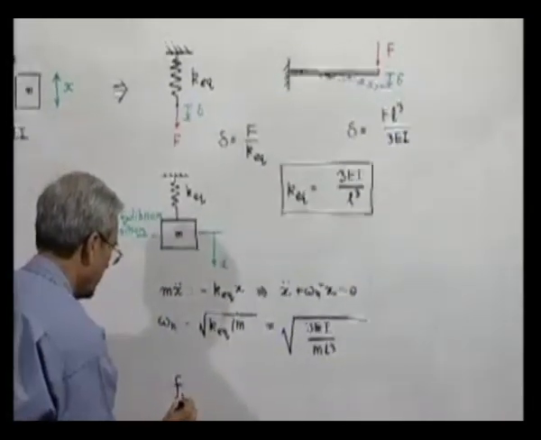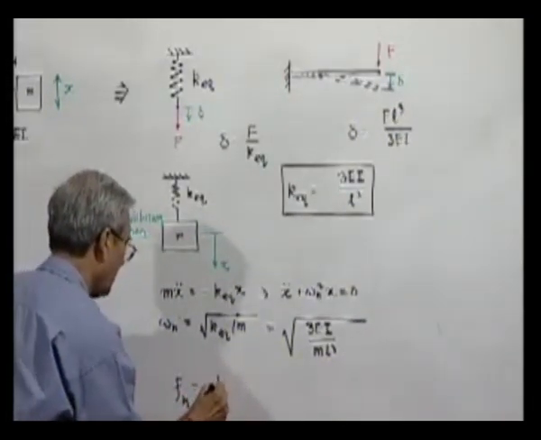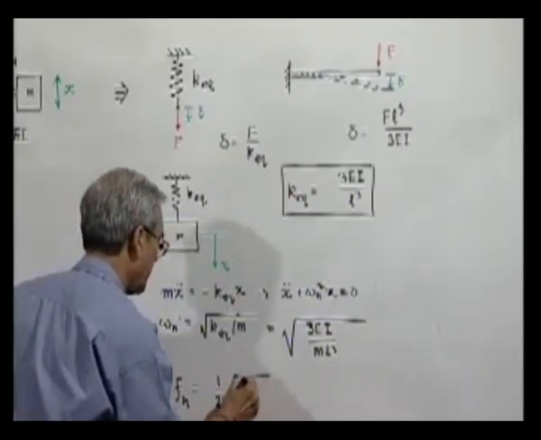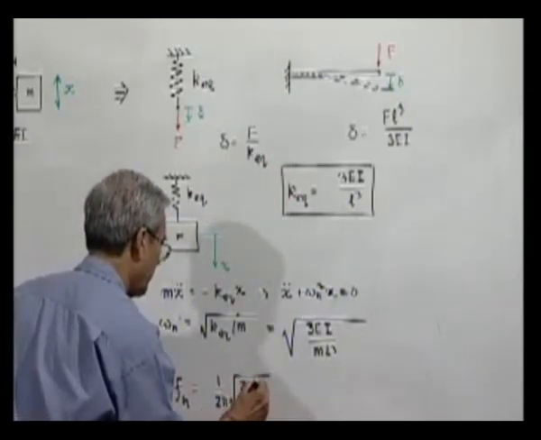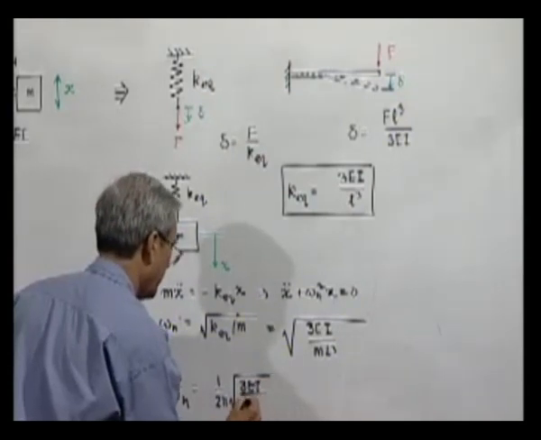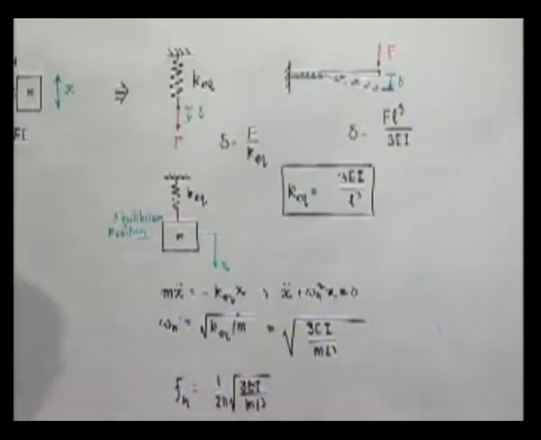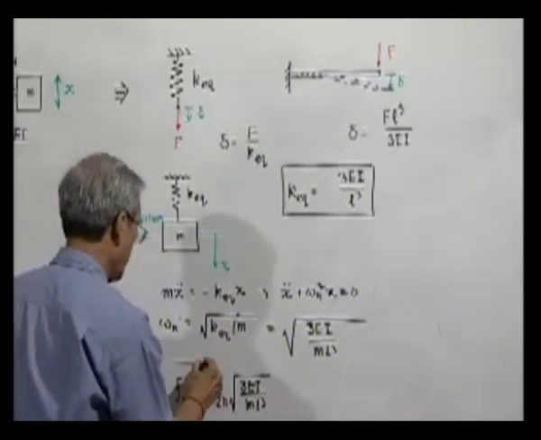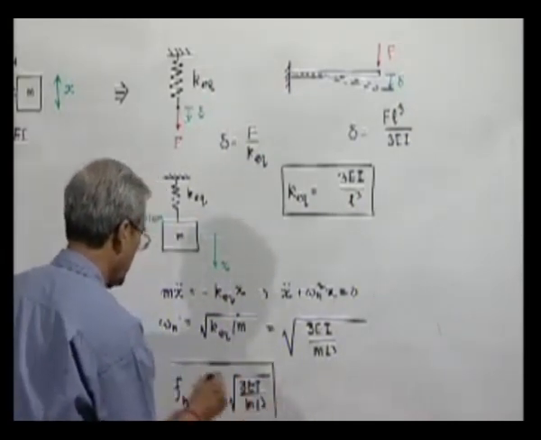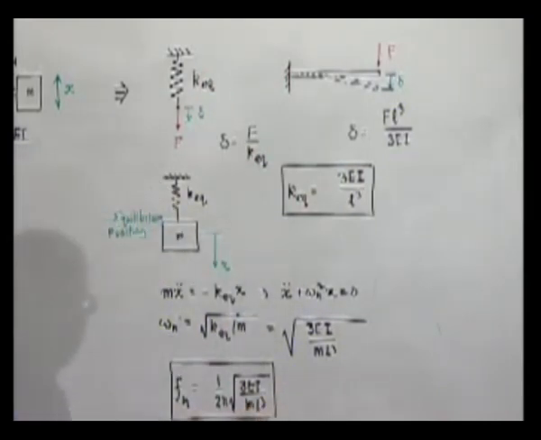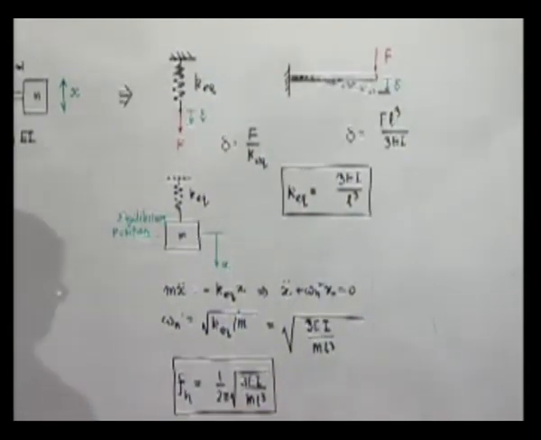Frequency is equal to 1 by 2 pi times the square root of 3 EI by m L cube. So, for a cantilever beam, the natural frequency of oscillation when it carries a block of mass m at its free end is given by this quantity.